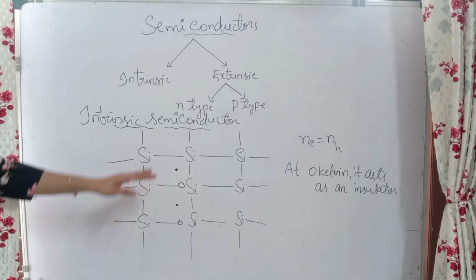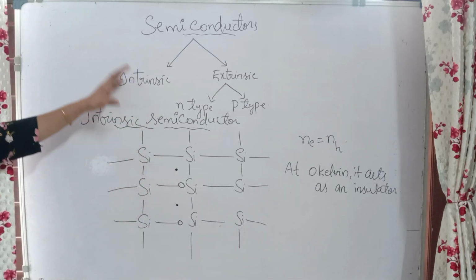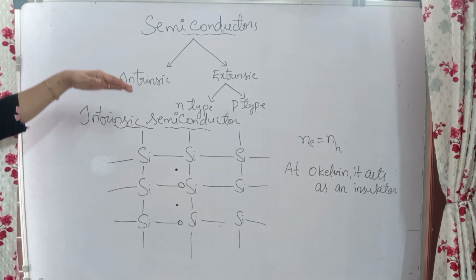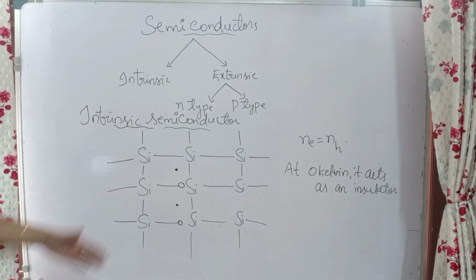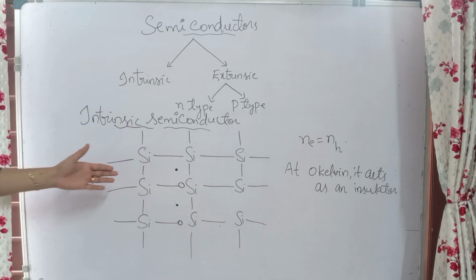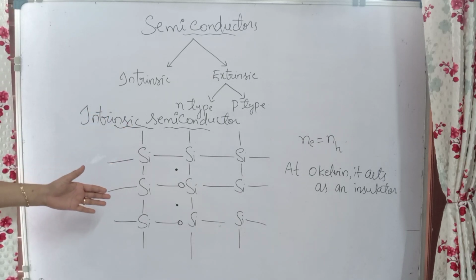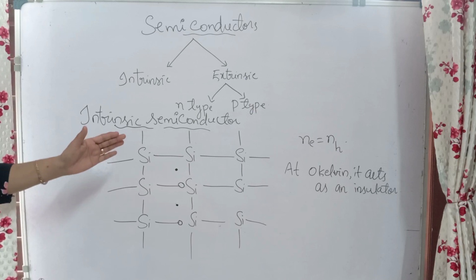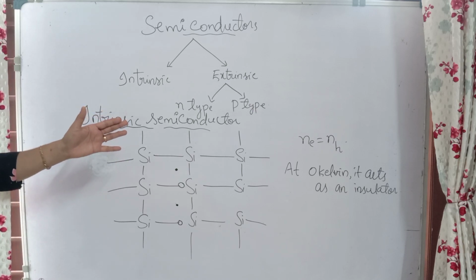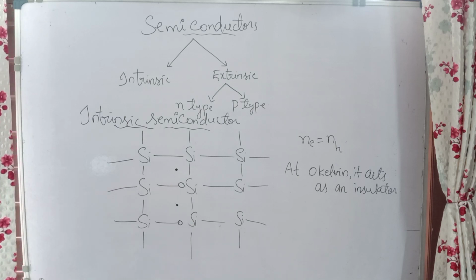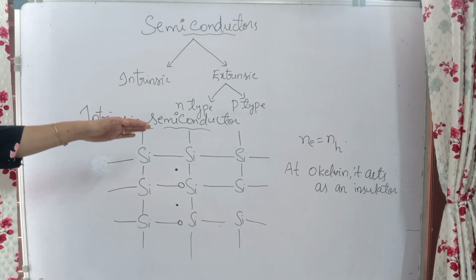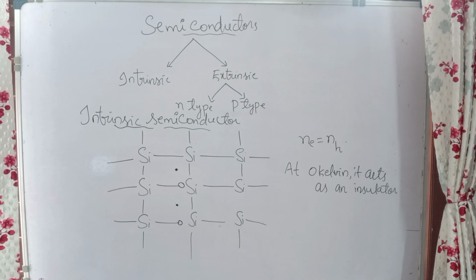But there are no extra electrons here, and the intrinsic semiconductor at 0 Kelvin acts as an insulator. That is a very important point to remember, the electrons will not be free to move. So we can say that Ne, the number of electrons, is equal to the number of holes in this case.